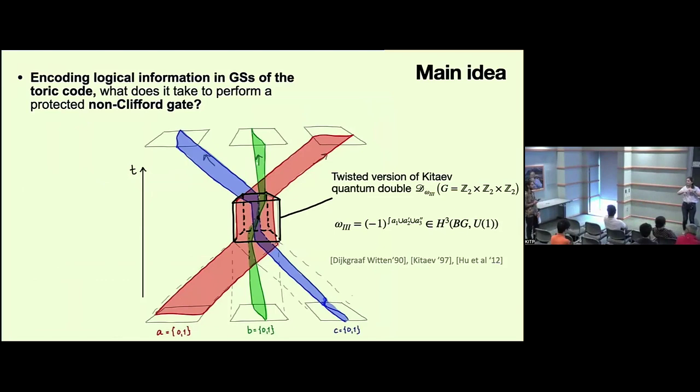In addition, there's actually not a good way to store qubits in ground states of non-abelian phases. For example, on the torus, copies of toric code have ground state degeneracy that is a power of 2. But the twisted quantum double has a ground state degeneracy of 22, and I don't know how to put a discrete number of qubits into that.